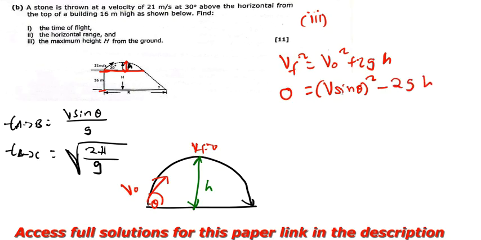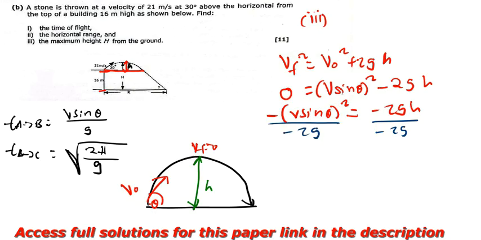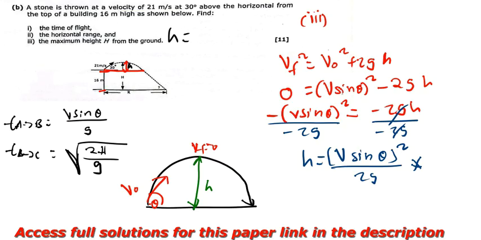Shift this to the other side, you have negative 2gh. My goal is to find the h. I'll divide both sides by negative 2g. So these will cancel. h will be equal to V sine theta squared, negative and negative will go, divided by 2g. I'll use this formula, but some other people tend to say it's basically the same as h is V squared sine squared theta divided by 2g.